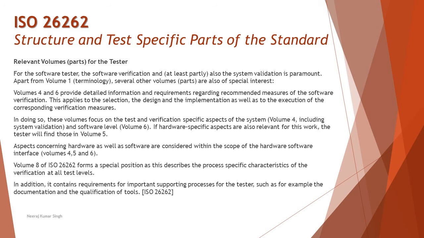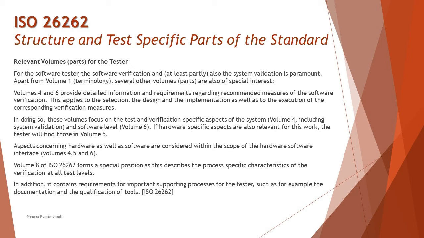The next topic we are covering, which is a part of the syllabus and there will be a question from this, is the relevant volumes for the tester. So what are the volumes which are important for a tester to consider, and in what context? For the software tester, the software verification and at least partially also the system validation is paramount. Apart from volume 1, that is the vocabulary or terminology, several other volumes are also of special interest.